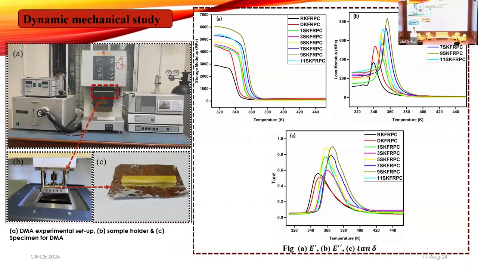Also we can observe from figure B that the glass transition temperature shifted towards the higher temperature side, by around 10 degrees, which is due to the good bonding. This glass transition temperature increase makes the composite also thermally more stable.